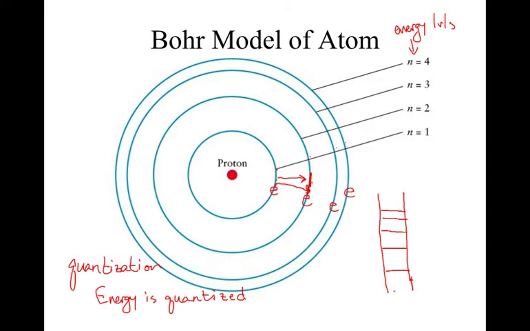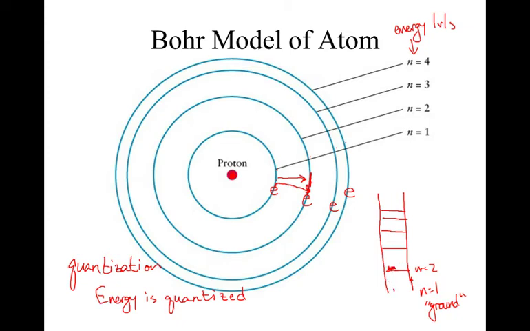If you're standing on the ground and you want to get up to this level here, we'll call this n equals 1. It's the ground state, just like you're standing on the ground before you start climbing your ladder. If you want to get up to n equals 2, the only way is if you lift your foot high enough.